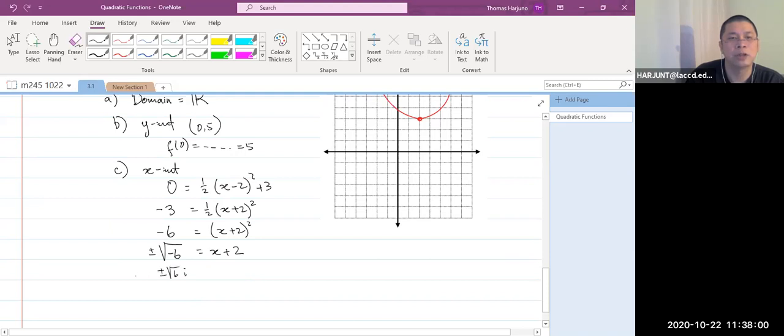That's a complex number, non-real. And because it is non-real, you cannot put it on the coordinate axis. So you will say no x-intercept.